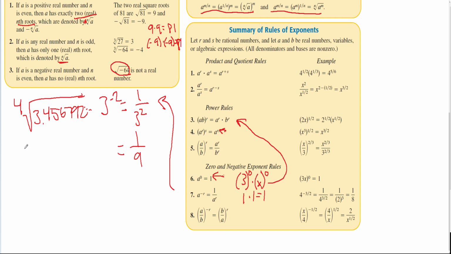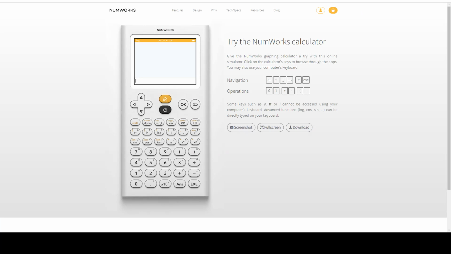So instead what we do is use a calculator. So what I'm going to do is switch to that. The calculator I'm using is just one that I Googled online. It's provided by NumWorks here.